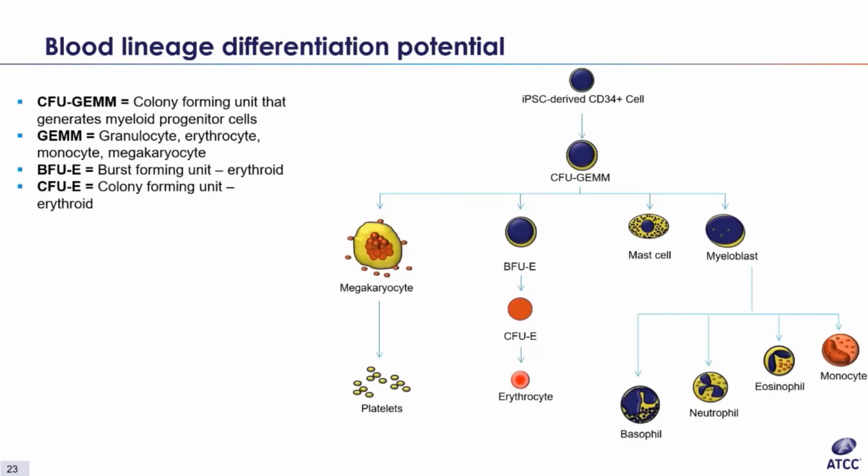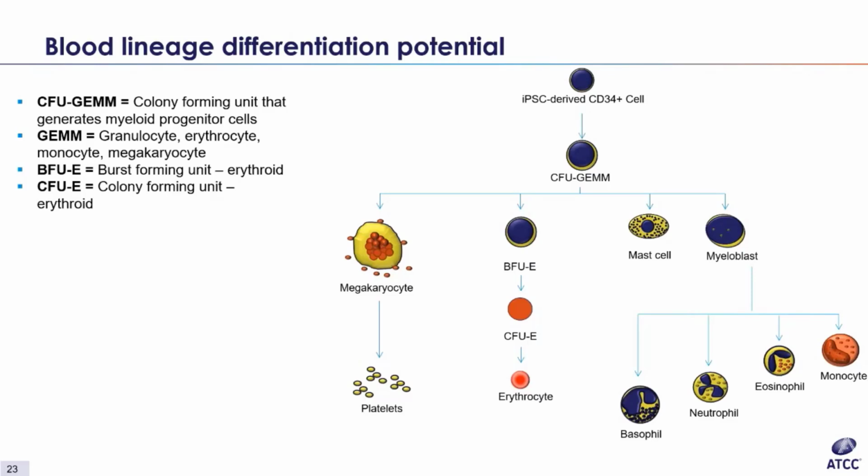In the next study, I'm about to show you the differentiation potential of iPSC-derived CD34 positive cells. In this slide, I'm showing you the general path of differentiation that a hematopoietic stem cell can take once it's been treated with the right cocktail of hormones and chemicals.